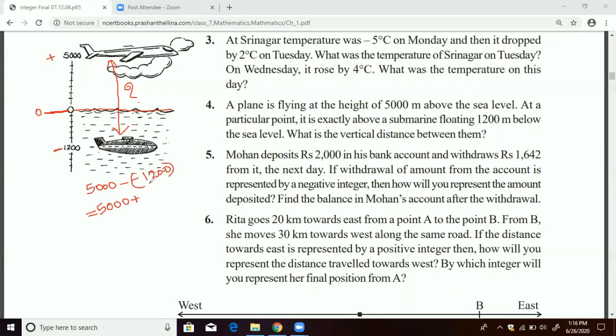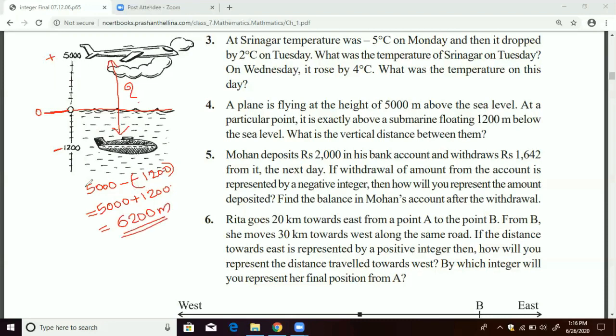If you replace the number to be subtracted with its additive inverse, the additive inverse of negative 1,200 is positive 1,200. So if you add these two, we will get the answer 6,200 meters.